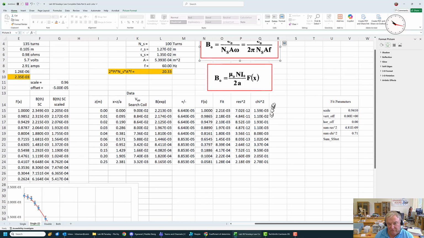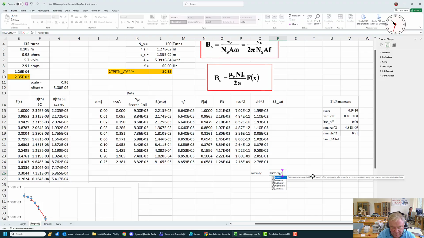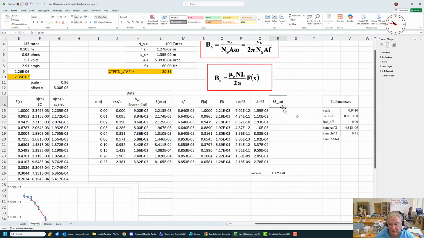Okay. So we need SS total, and we need the average, and that equals the average of, don't forget, the data points. Close the parentheses. Then this equals the data minus the average.